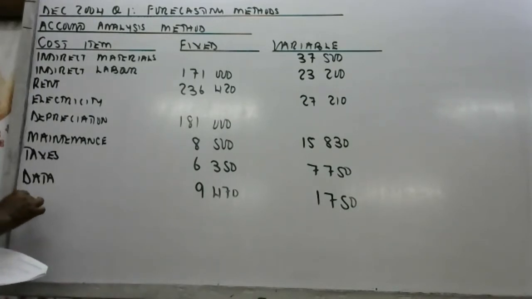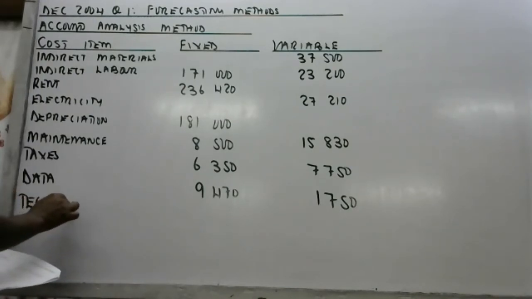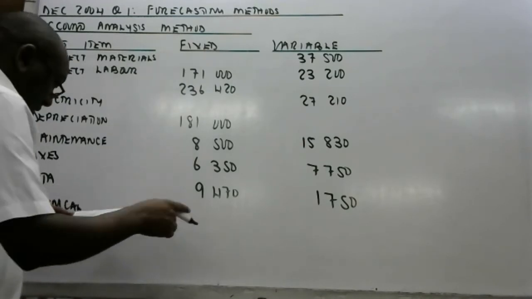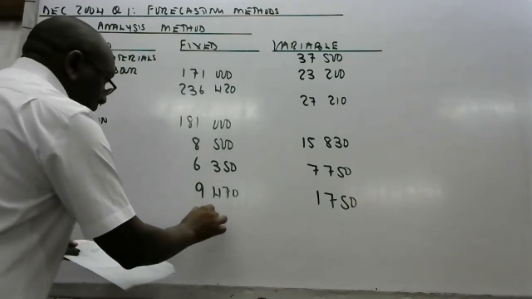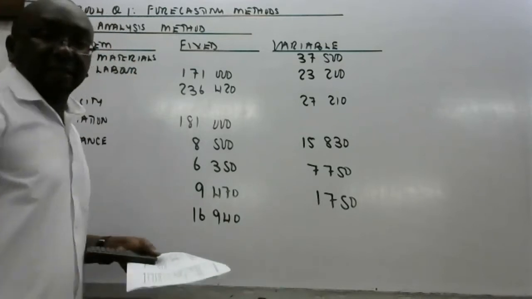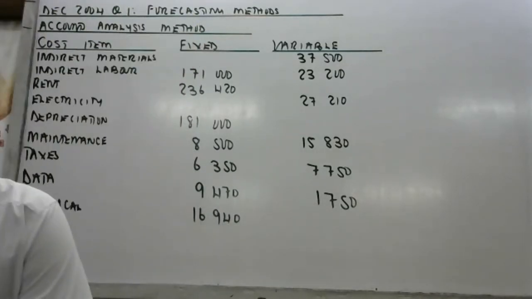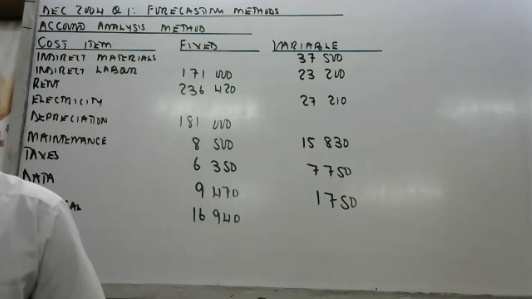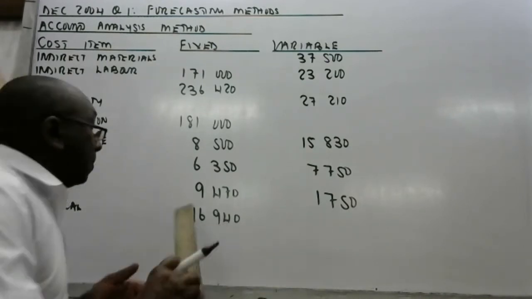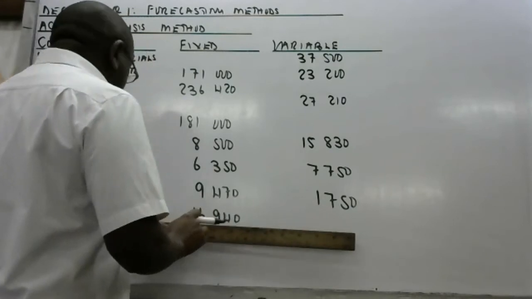Then technical, the whole of technical is fixed 16,940. Yeah, that's how it should be. Hizo zenye ziliruka hapo chini ndio zimeharibu the lining. That is good. Umeelewa? Now quickly give me these figures.